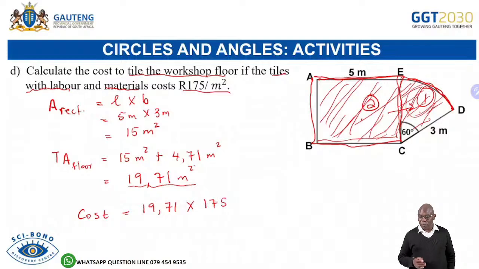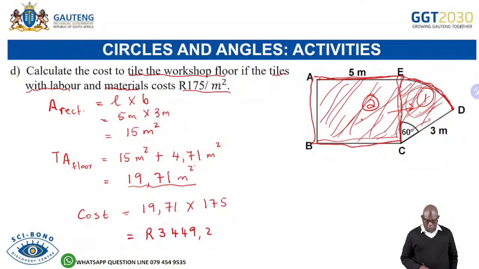So the meter squared and the meter squared will cancel out. Okay, right. So then I'm going to be left with an amount. So that amount is 3,449.25. So for me to tile that whole area, I need 3,449.25, because I've got 19 square meters. 19 square meters with that amount, I think that's a bit reasonable for that amount to tile the whole floor.